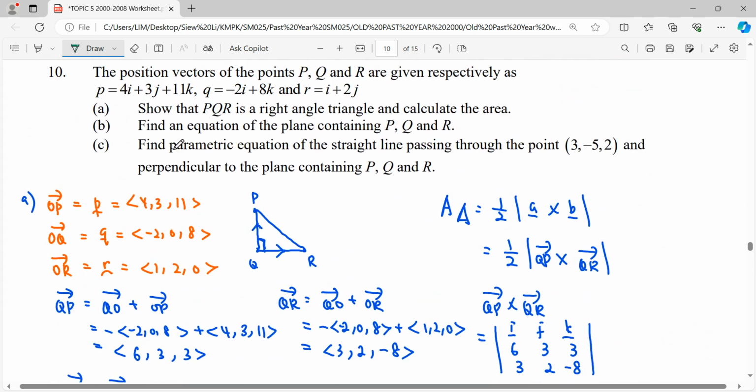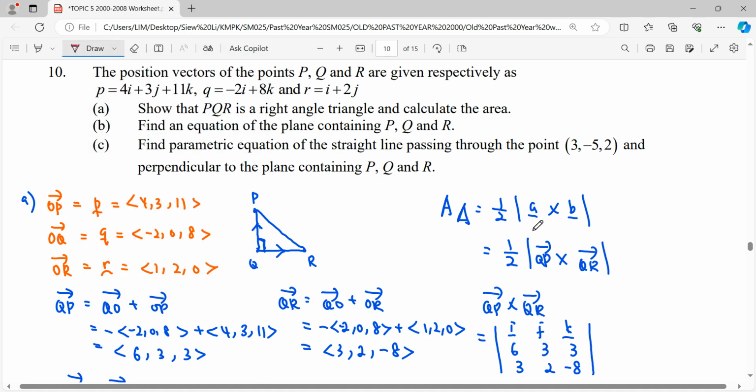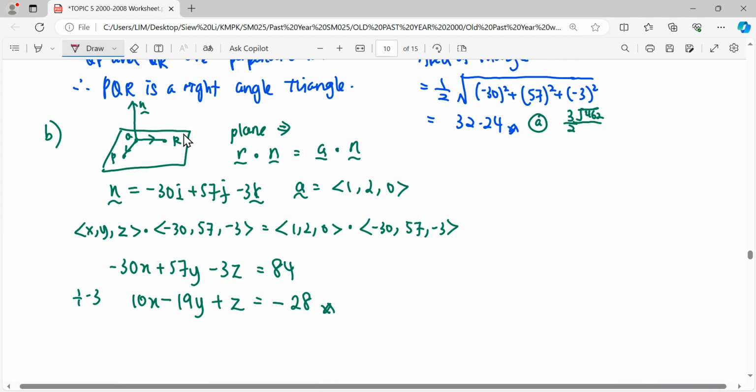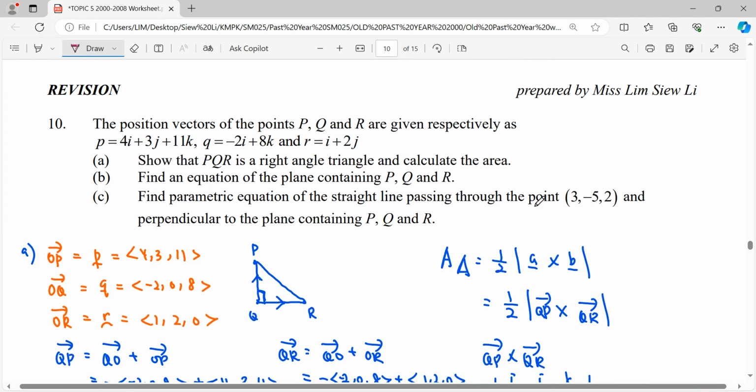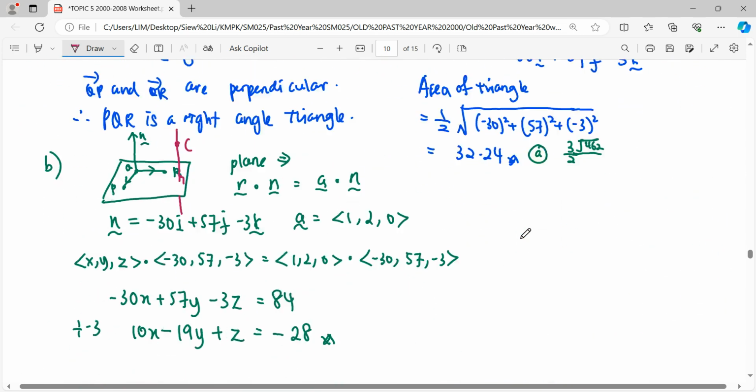Then for question C, find the parametric equation of the straight line passing through the point and perpendicular to the plane which contains PQR. So now we are going to find a line. This line passes through the point (3, -5, 2) and is perpendicular to this plane.